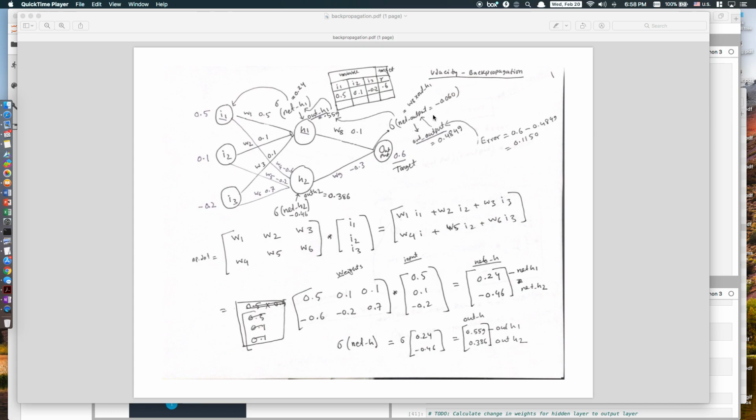So we'll get net output minus 0.060. If we apply the sigmoid function, we'll get 0.4849. So this is how feed forward works.